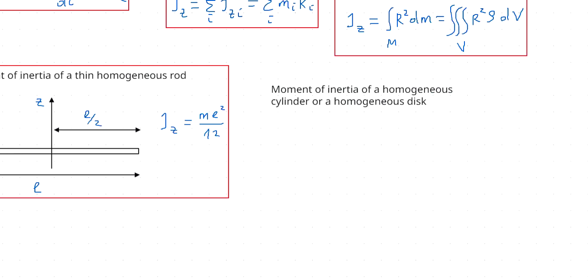So let's write this. I'll show here the axis of rotation. The axis of rotation is here.